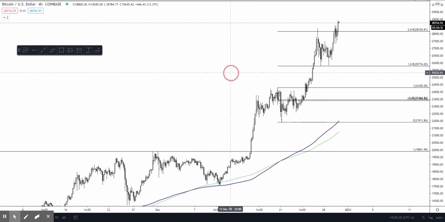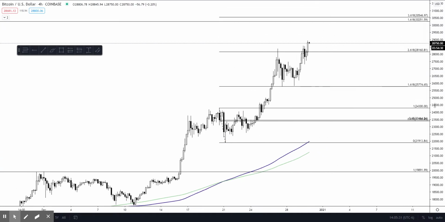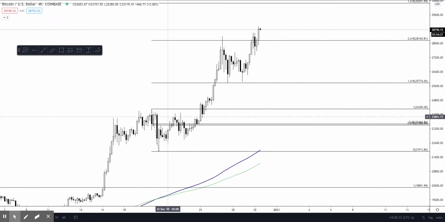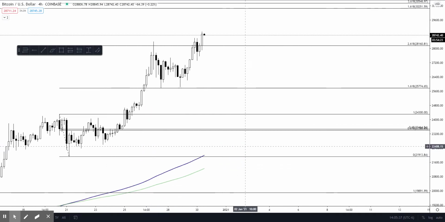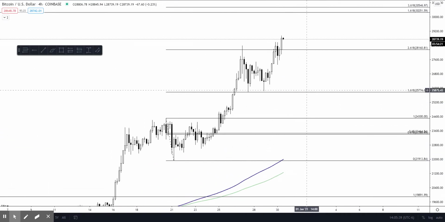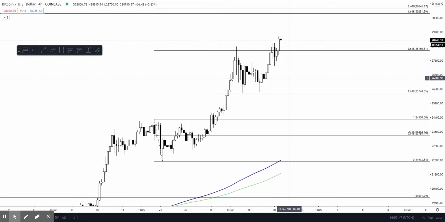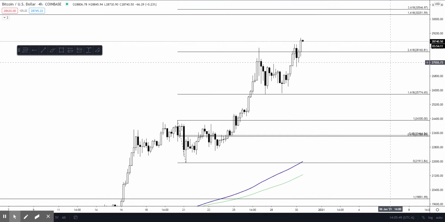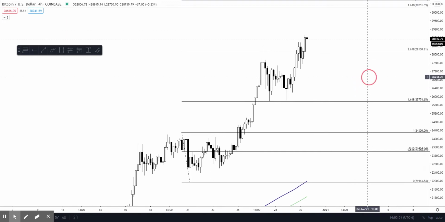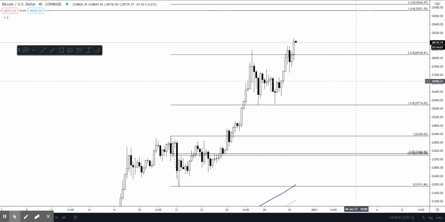Since it's not, we're going to take the next most recent fib draw, which is this 24.3K move to 21.9K. And that gave us a 2.618 at roughly 28.1K. All right, so in the market updates, we talked about how, if we reclaim this 28.1K fib, the next ideal target is that 3.618, right?